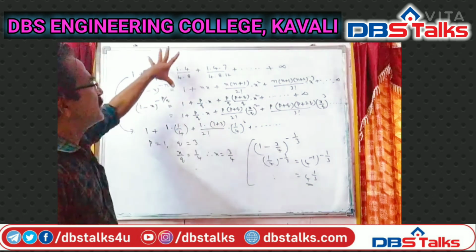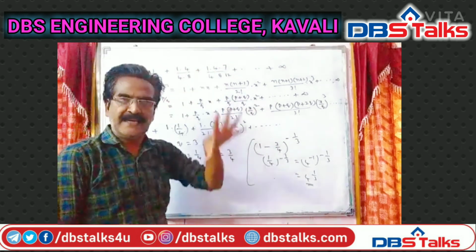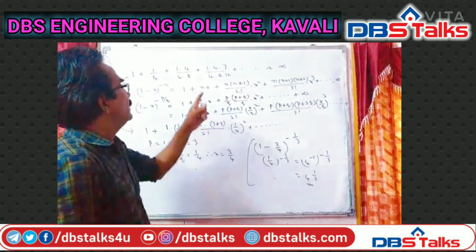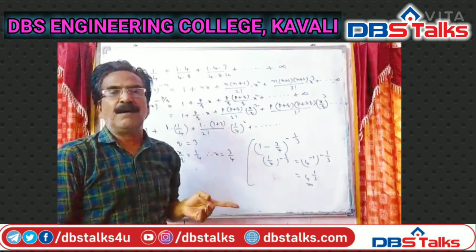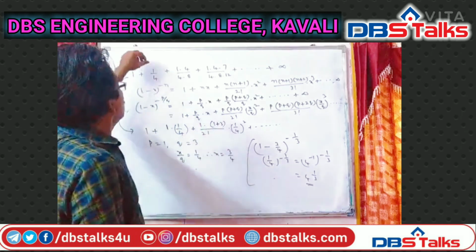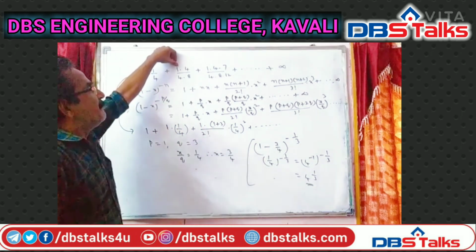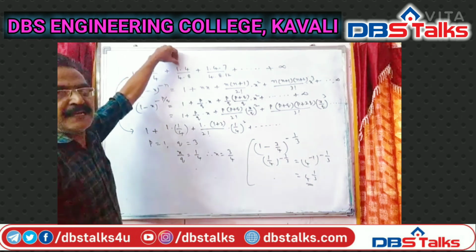So, if an expression is given like this, you should immediately realize that the given expression is in the form of (1 minus x) whole power minus p by q. This is p. This is p into q.